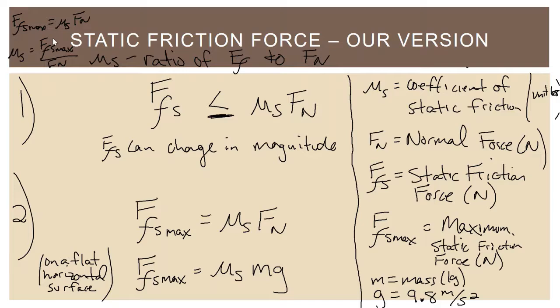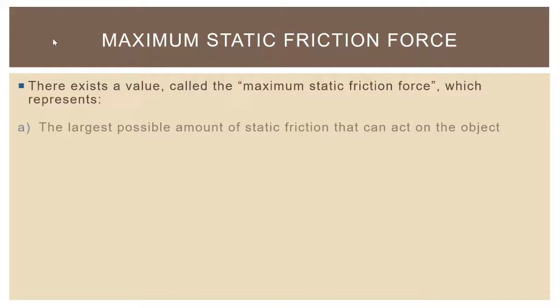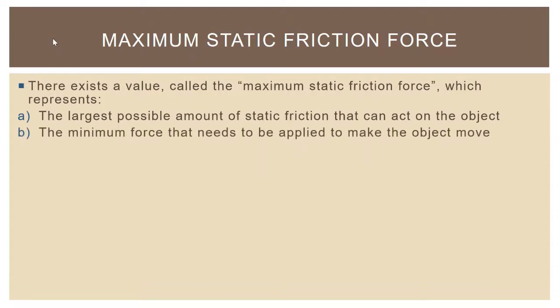Okay, so now that we've wrapped up the discussion of the equation of the static friction force, we are going to solve a problem, but not for another couple minutes because we've got some questions to ask. The first question we have to get into is about the maximum static friction force. Let's be totally clear. There exists a value called the maximum static friction force, which represents A, the largest possible amount of static friction that can act on the object, and B, the minimum force that needs to be applied to make the object move.